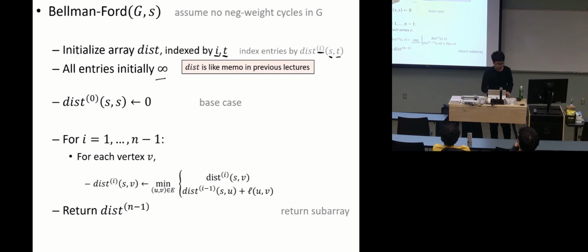In the general case, we loop over all i from 1 to n-1, compute this for every node V, and just put in this recursive equation that we had from the previous slides.